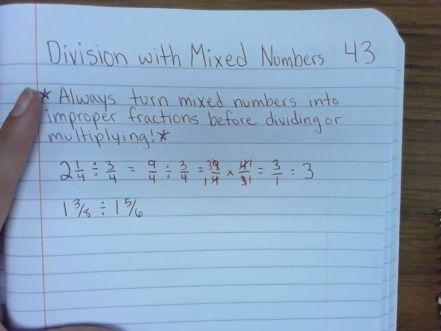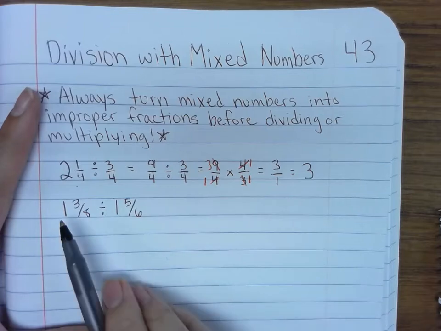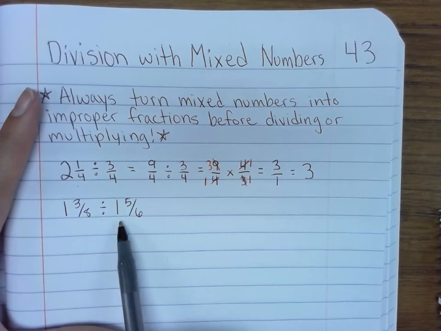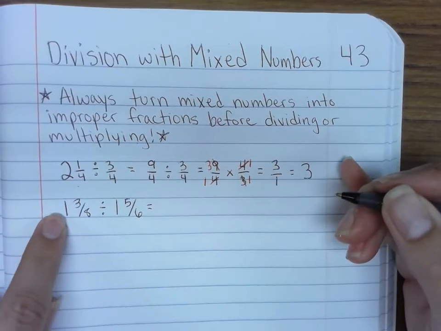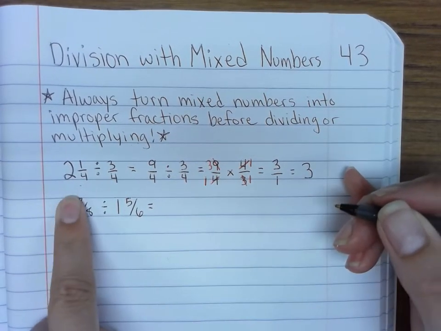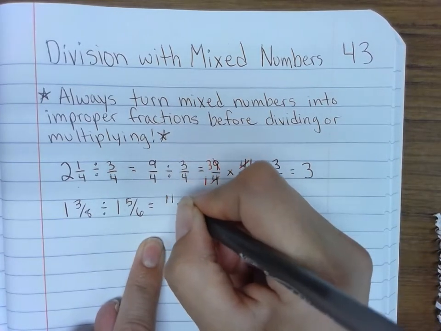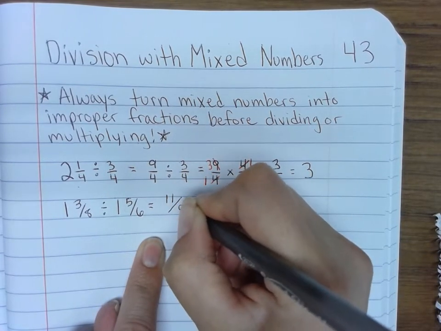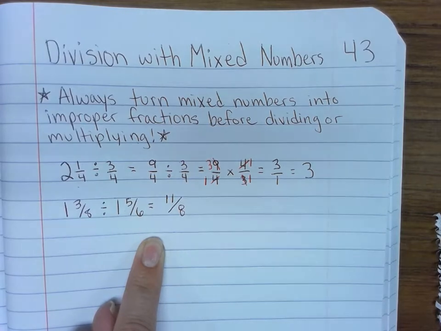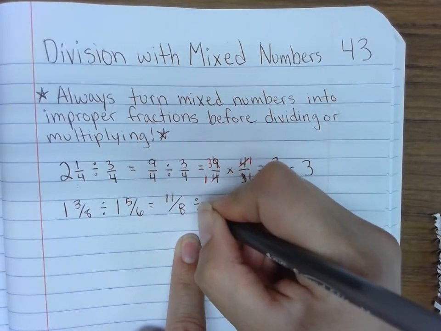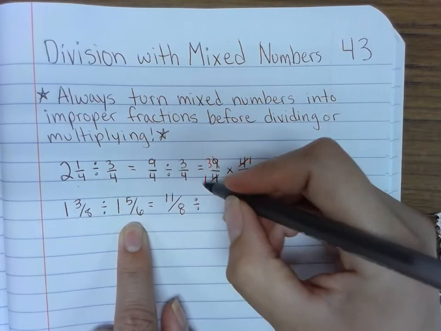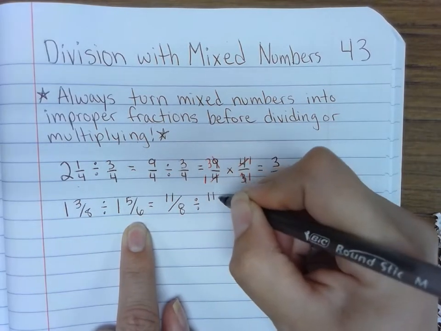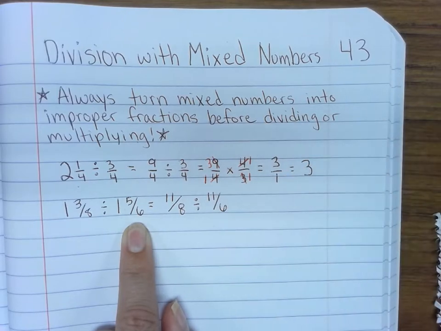So if I take 1 and 3/8, divide by 1 and 5/6, first thing I want to do is always make them improper. So 1 times 8 is 8 plus 3 more, so this would be 11/8 divided by, this is an improper fraction, 1 times 6 is 6, plus 5 is 11, so 11/6.